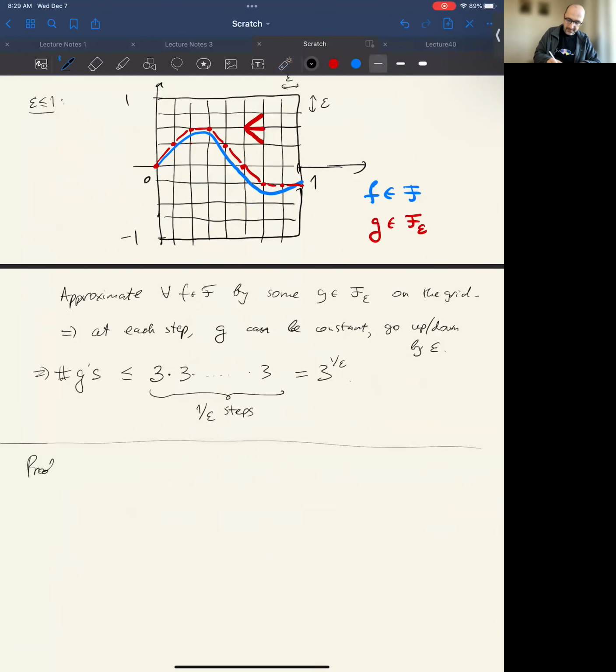So, proof of the theorem. Proof of the theorem, let's do it. Expected value. This is what we want to bound.